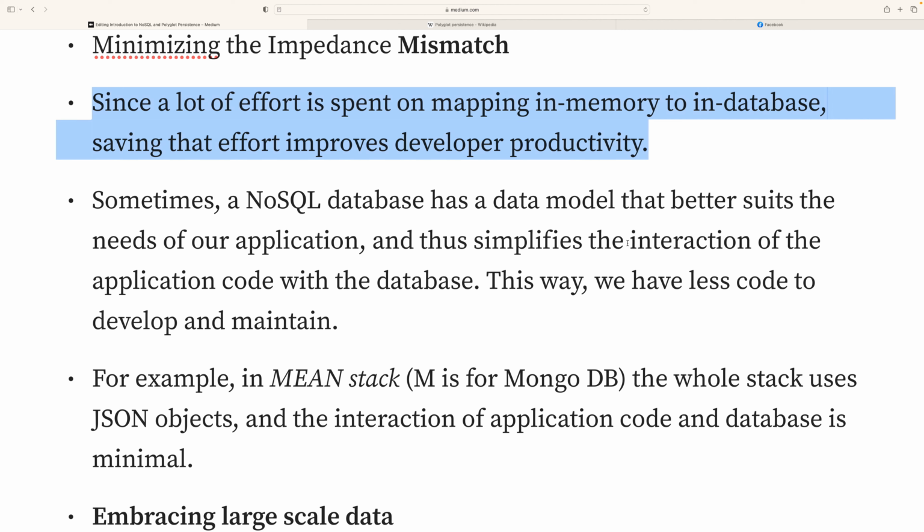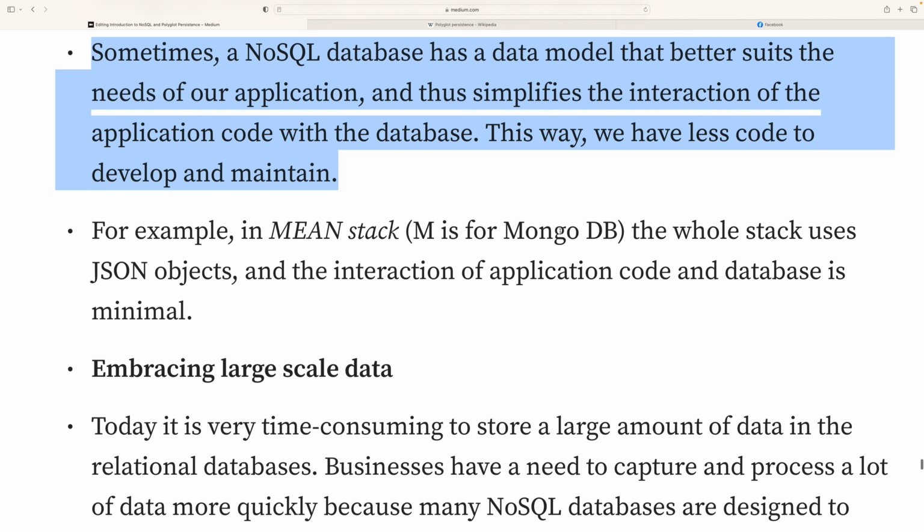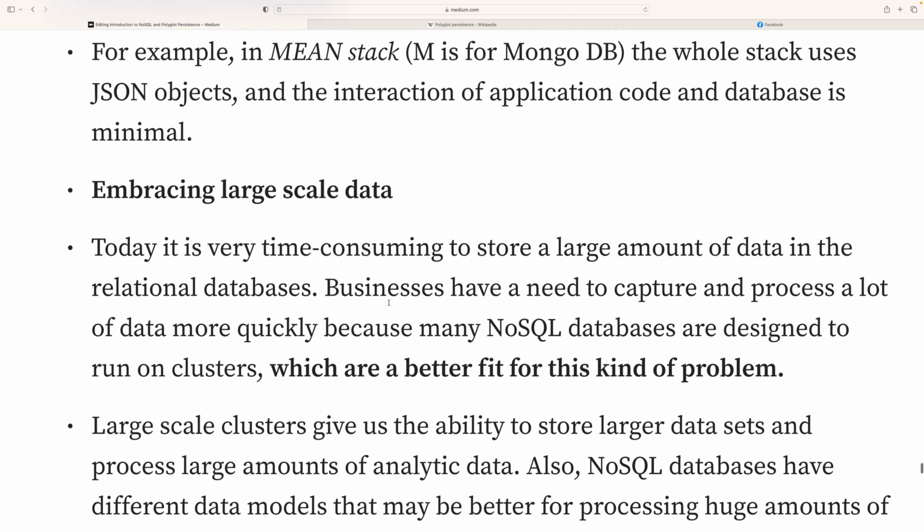If it simplifies the interaction of application code with the database, we have less code. What I am trying to say is that based on requirements, you can point to HBase or Cassandra for different uses. For example, the MEAN stack pairs with MongoDB, where the whole stack uses JSON objects, so the interaction between the application code and the database is minimal.